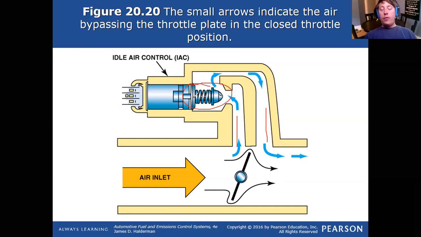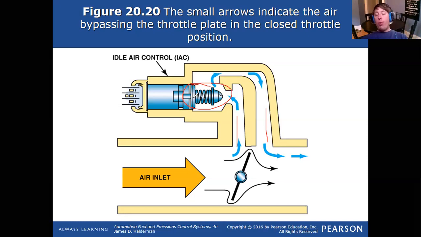Ever since the electronic throttle took over, there's really no need for an idle air control motor anymore. What the manufacturers are doing at this point is when you push on a gas pedal, you're pushing on a switch, just like your Xbox controller, and you're asking the engine to rev up.